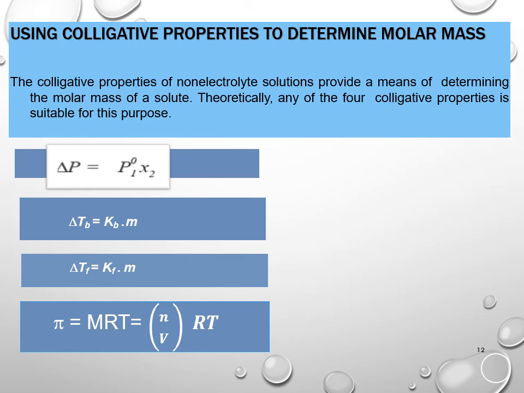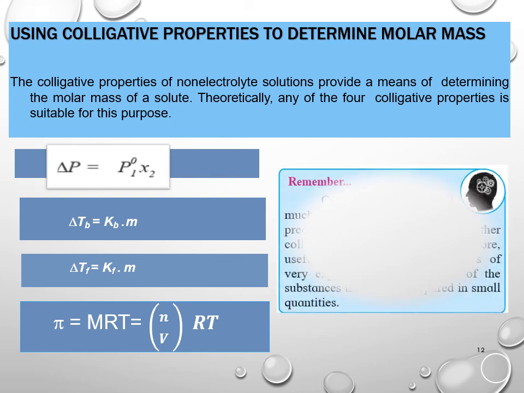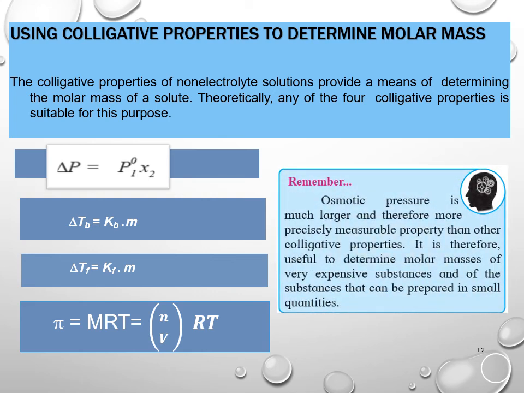So finally we have seen that using colligative properties we can determine the molar mass. The first formula we had seen was in case of lowering of vapor pressure, second was using elevation in boiling point, or through depression in freezing point, or using osmotic pressure.